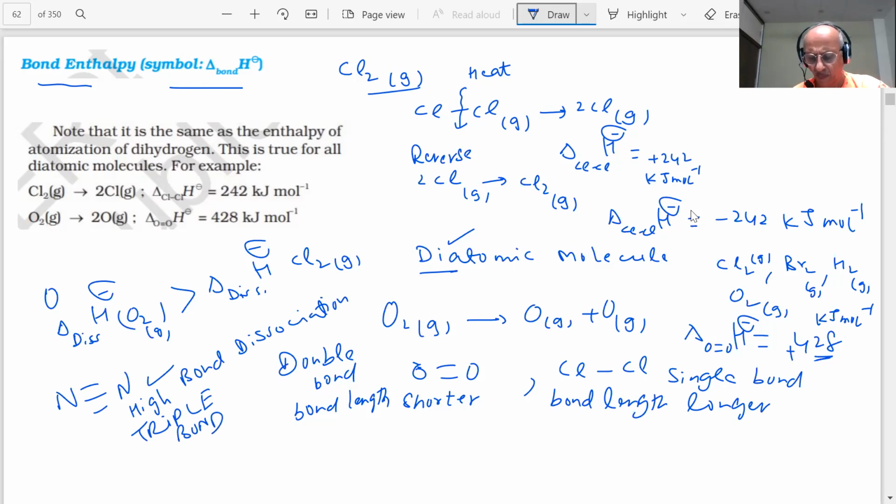As the bond order increases, the bond becomes stronger and more energy has to be supplied to break the bond. For diatomic molecules, the enthalpy of atomization is the same as the bond dissociation enthalpy.